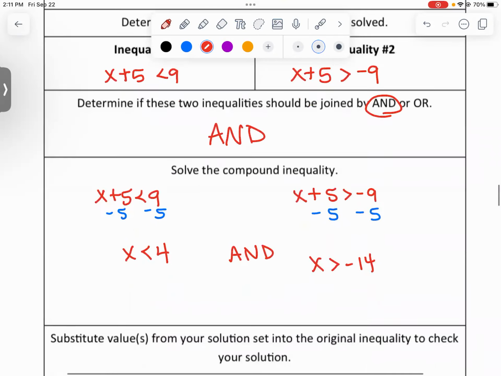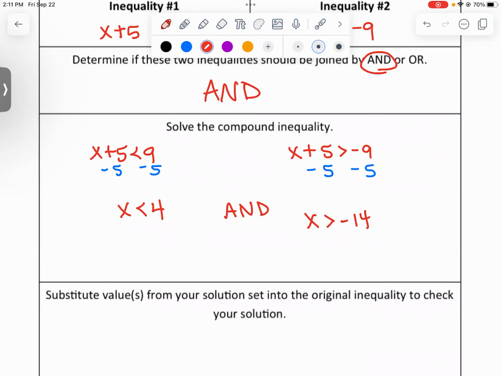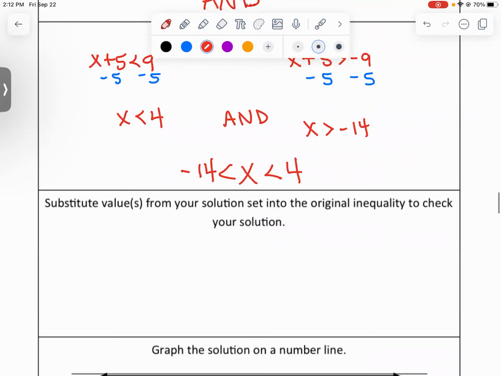I am totally fine if you leave your answer like this with the and written in between, but it is also possible to say x is less than 4 and greater than -14 and make it into a sandwich. I don't care how you express your answer, but you gotta have the and in there. Do you understand? Yeah. Okay.